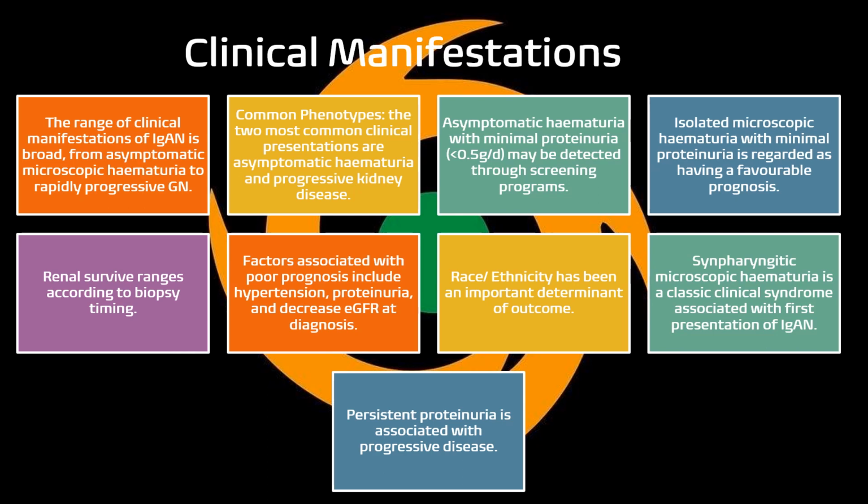There's asymptomatic hematuria with minimal proteinuria of less than 5.5 grams per day, and it may be detected through screening, and isolated microscopic hematuria with minimal proteinuria is regarded as part of a favorable prognosis.